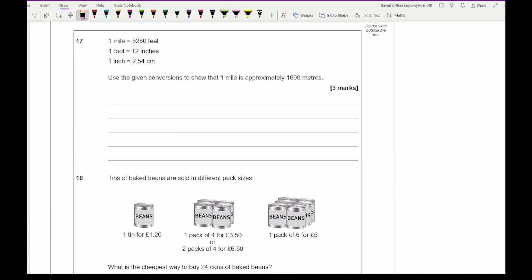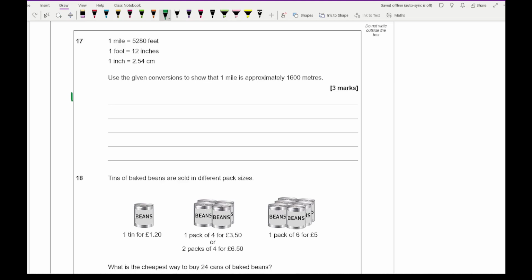Now moving on to question 17, it says 1 mile equals 5,280 feet, 1 foot equals 12 inches, and 1 inch equals 2.54 centimeters. And the question is asking us to use the conversions to show that 1 mile is approximately 1,600 meters. So let's have a look at this.